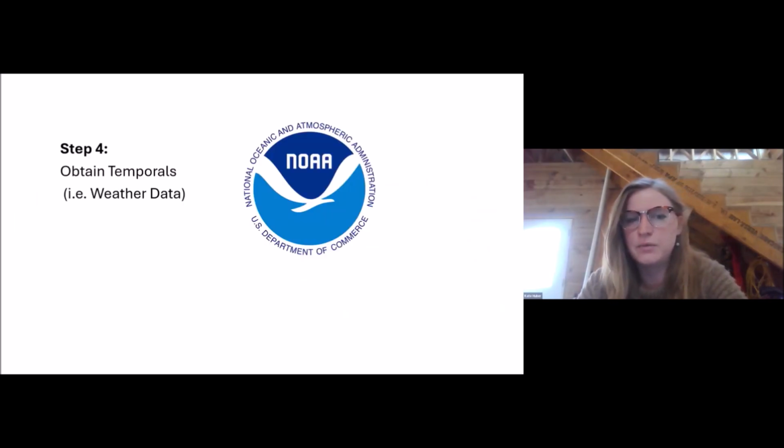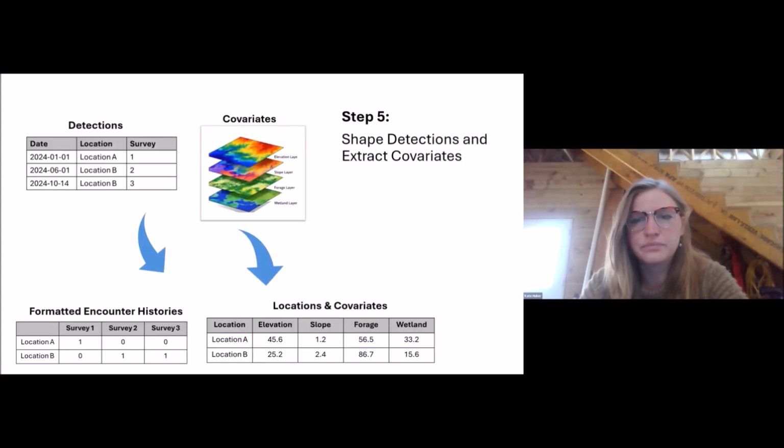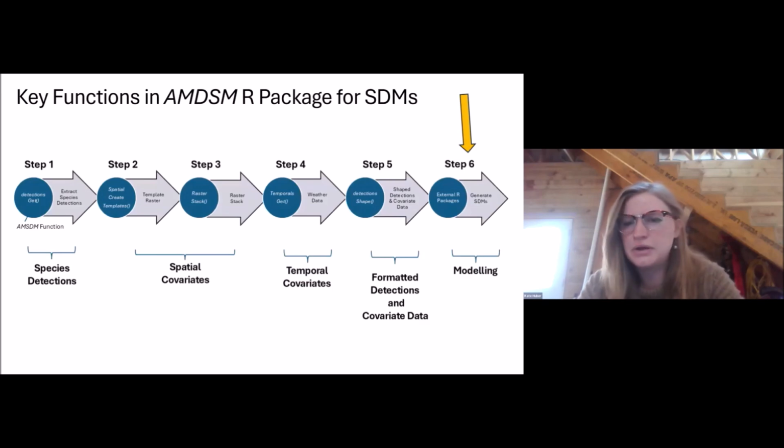We also support getting weather data for temporal data. And then in step 5, you're shaping those detections into formatted encounter histories, and you're also getting your location and covariate data. So you have this very well formatted object where you haven't really had to do much data wrangling at all, and you can pass that into your external modeling functions. So the hope is that it's easy to understand, and easy to reproduce.